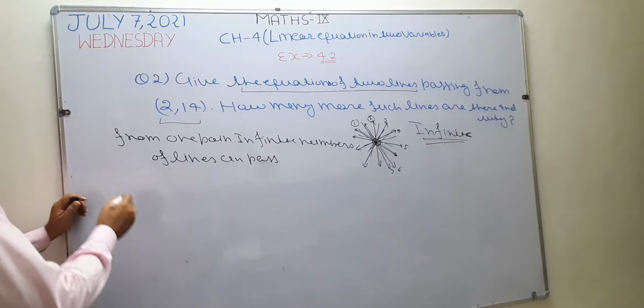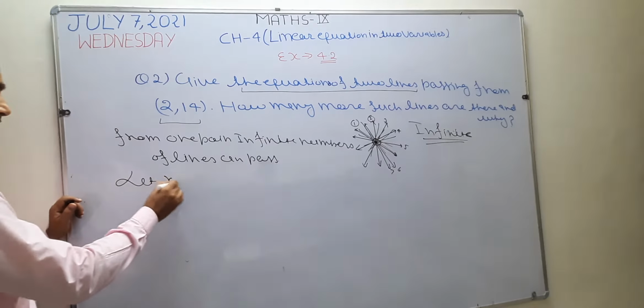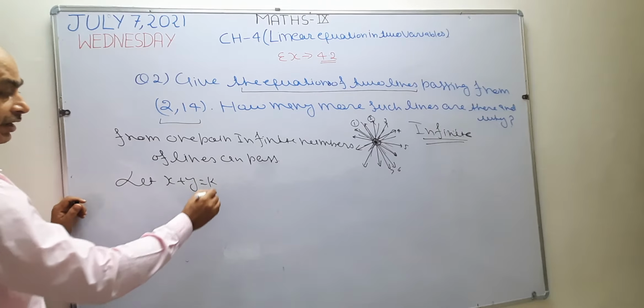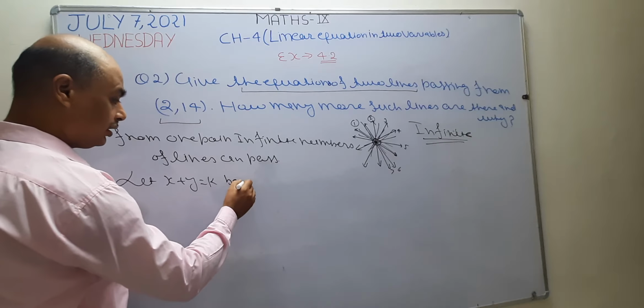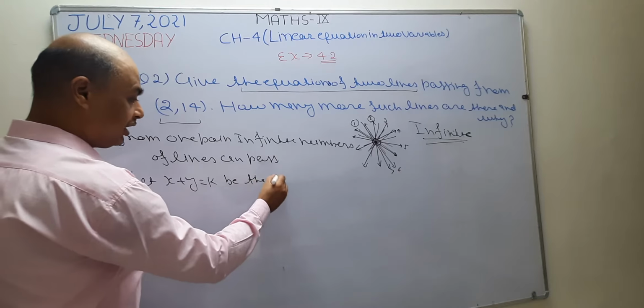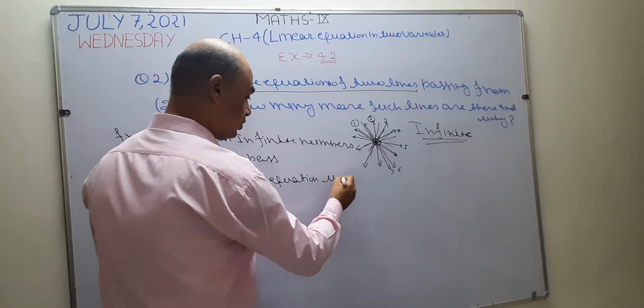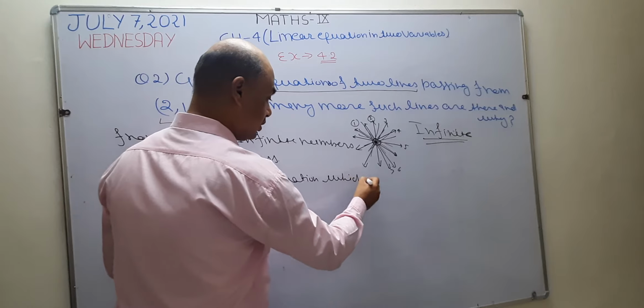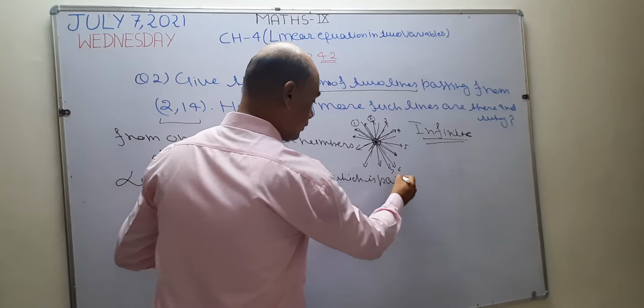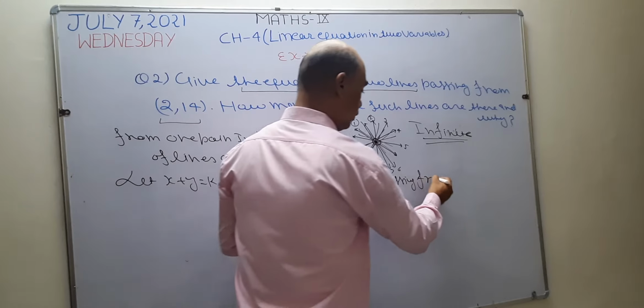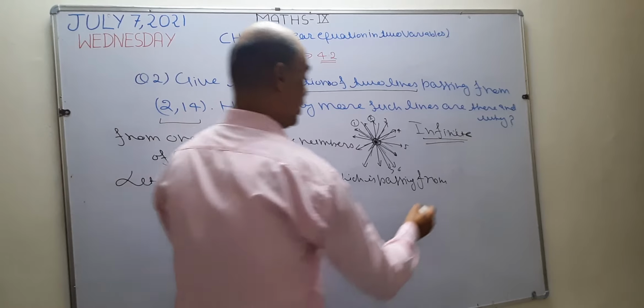I suppose let x plus y equal to k be the equation which is passing from given point 2 and 14.